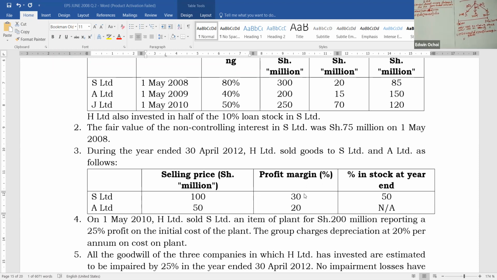Profit margin, you are given 30. Selling price is that one. So unsold goods is 50% of the 100, 50% of the selling price, times the margin of 30%.